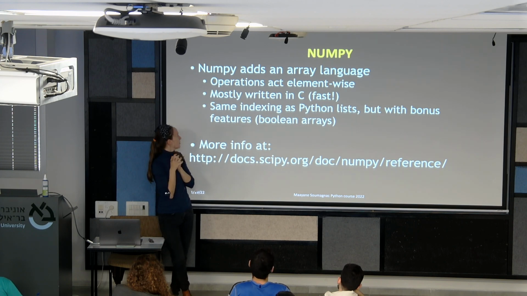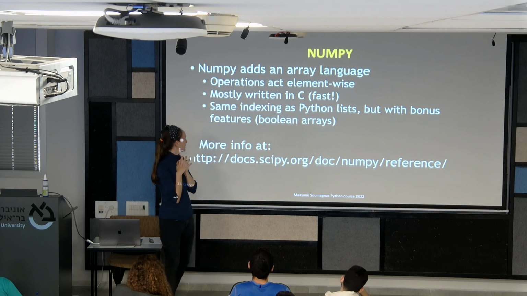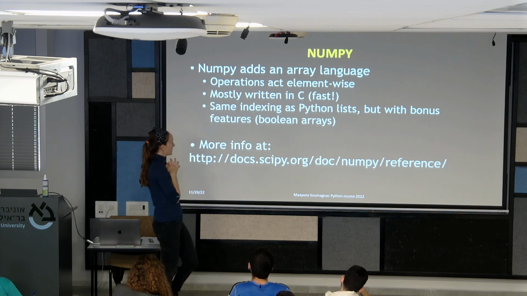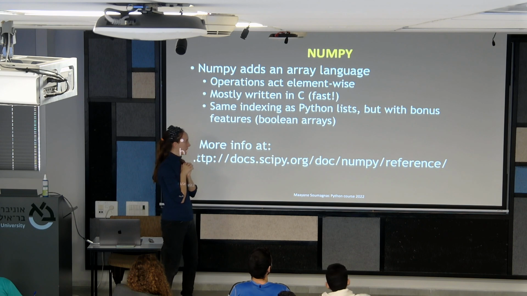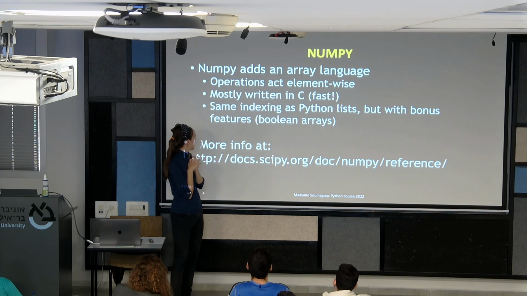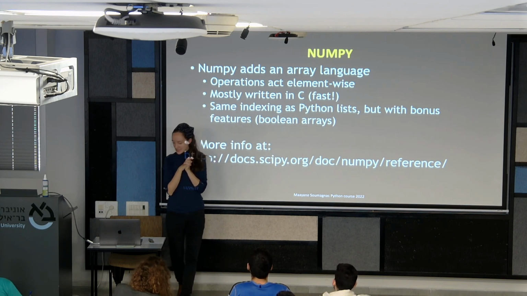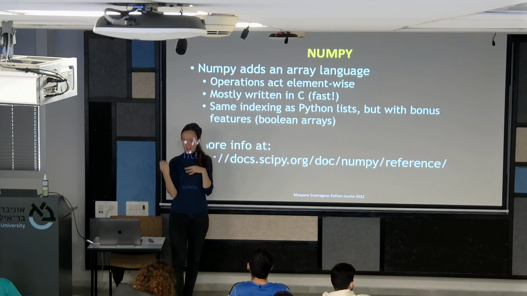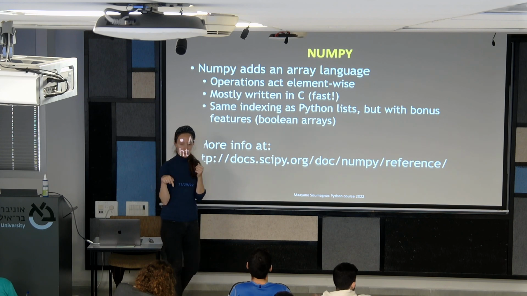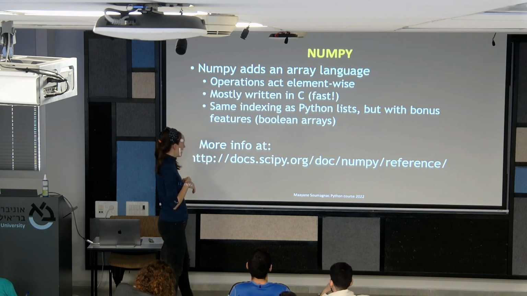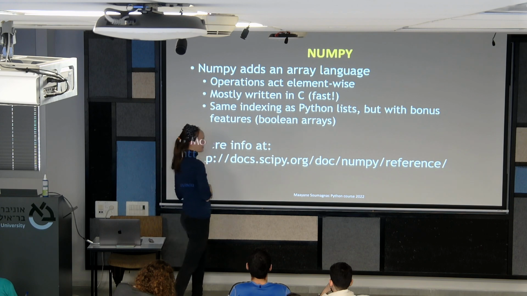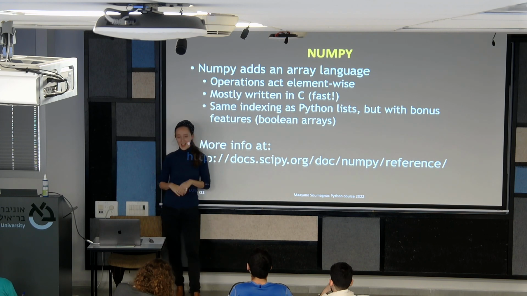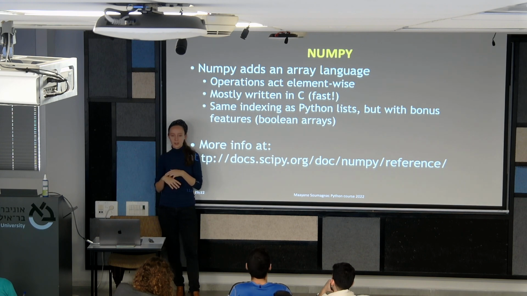Okay, we saw that it's mostly written in C, so it's fast and you should really use it. And we saw that it has many points in common with Python lists, but it adds these cool Boolean features where you can filter arrays. I will show you an example in a second. And one more thing that you should always have in mind, that what I'm showing you here is just a small bit of all the capabilities of all these libraries.